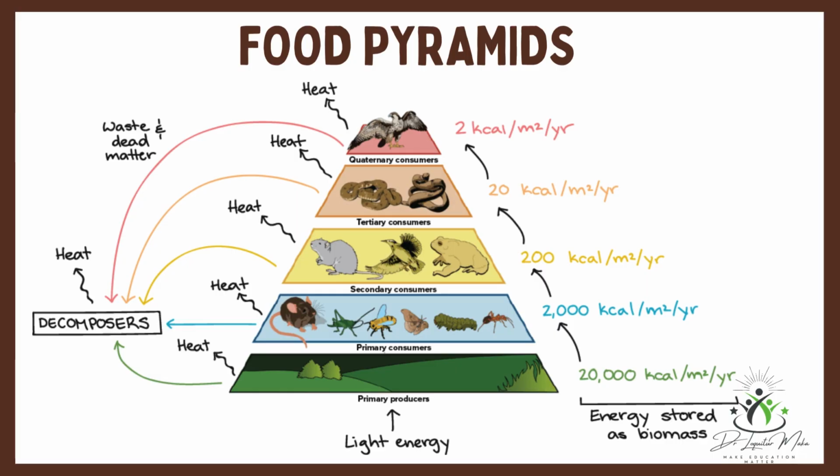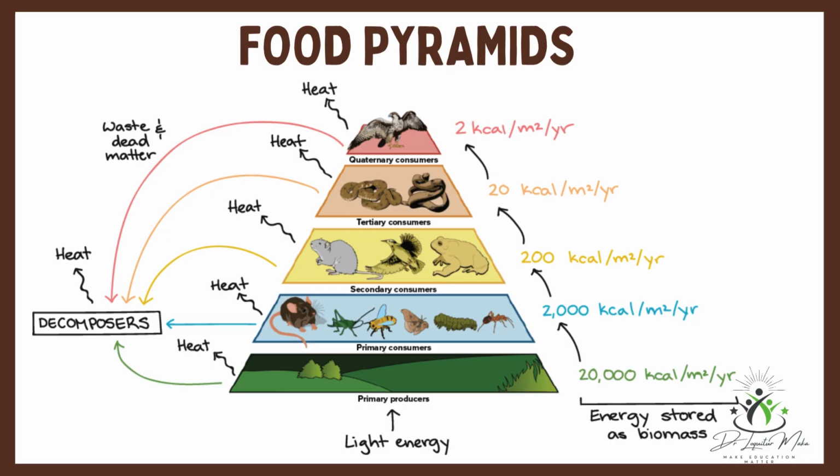Because if we look at these producers on this diagram, these are green plants. So to understand the pyramid of numbers, this will be a representation of the size of the population. There will be a total number of producers, a total number of primary consumers or herbivores, a total number of secondary consumers, a total number of tertiary carnivores, right?